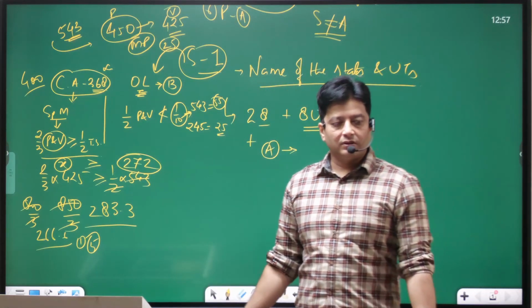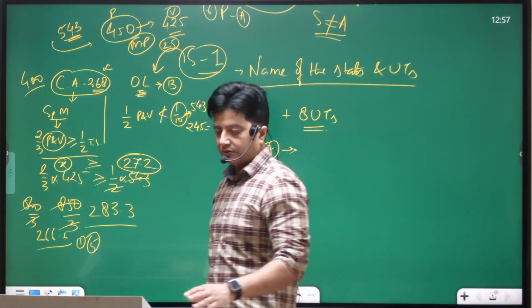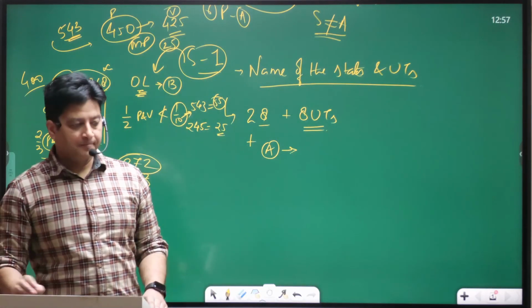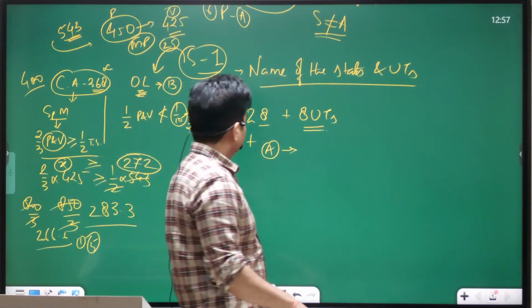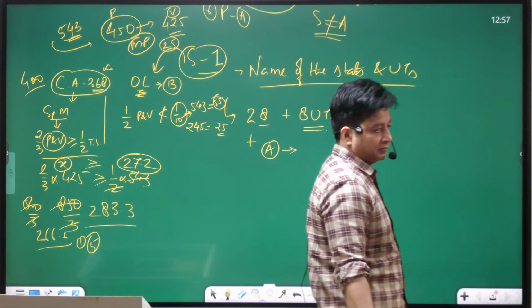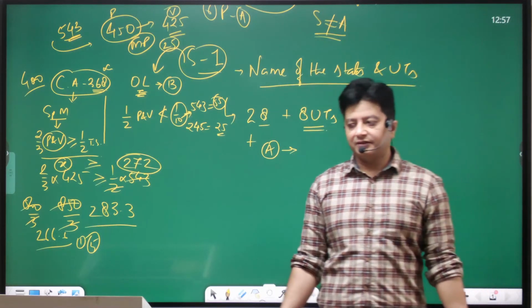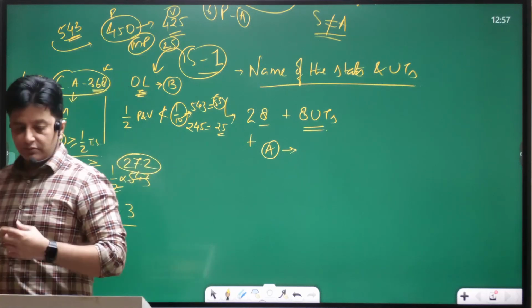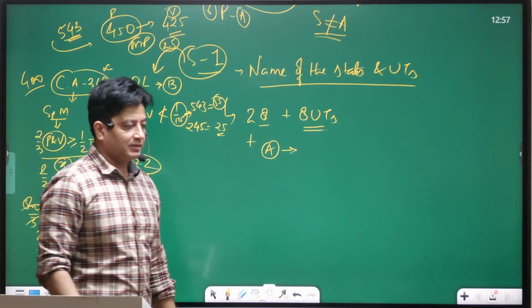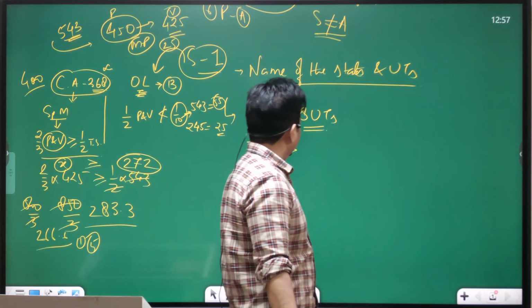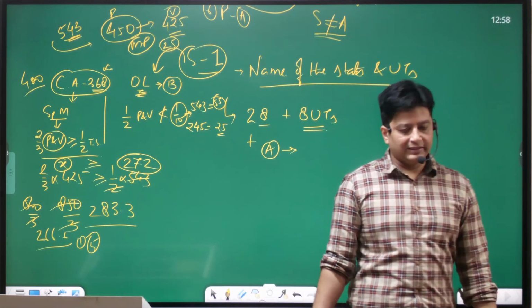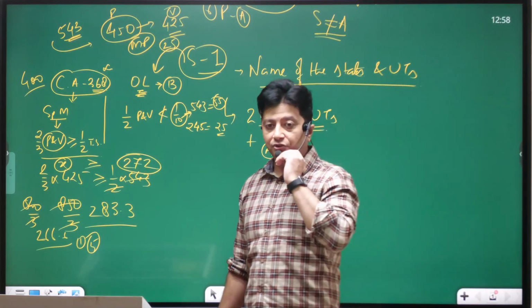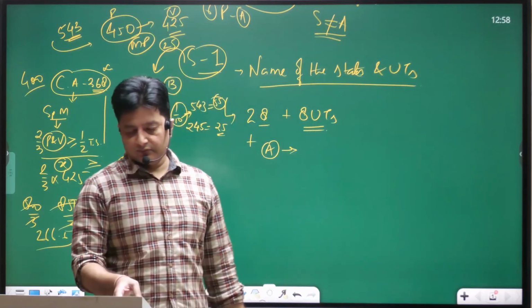Schedule 1, write in this: It includes the names of 28 states and 8 union territories.